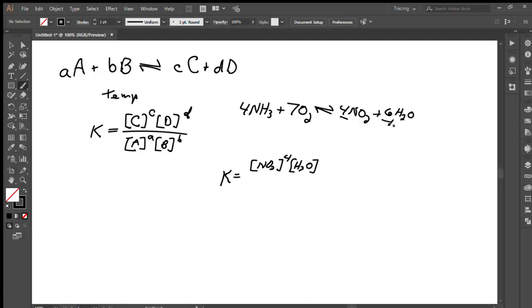Again, its stoichiometric coefficient is 6, so we want the 6 up here, over the concentration of NH3, which is to the 4th power, and the concentration of O2, which is to the 7th power.